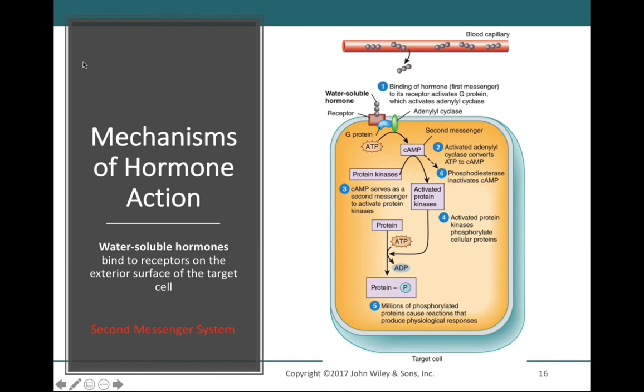When many molecules of adenylyl cyclase are active, we're going to be making lots and lots and lots of cyclic AMP molecules. Just so that you're aware, cyclic AMP is not the only second messenger that we have in our bodies. We also have a molecule known as cyclic GMP, we have IP3, and we have DAG. All three of those additional second messengers can be found on page 629 in your textbook.